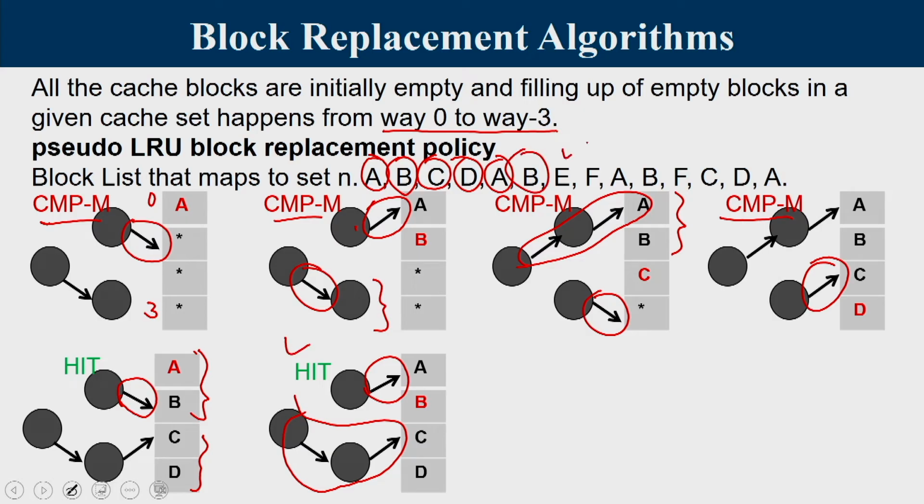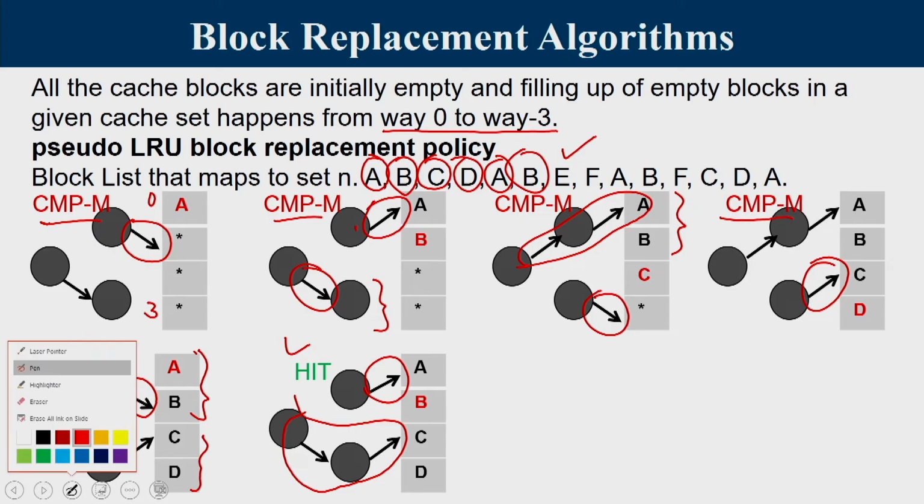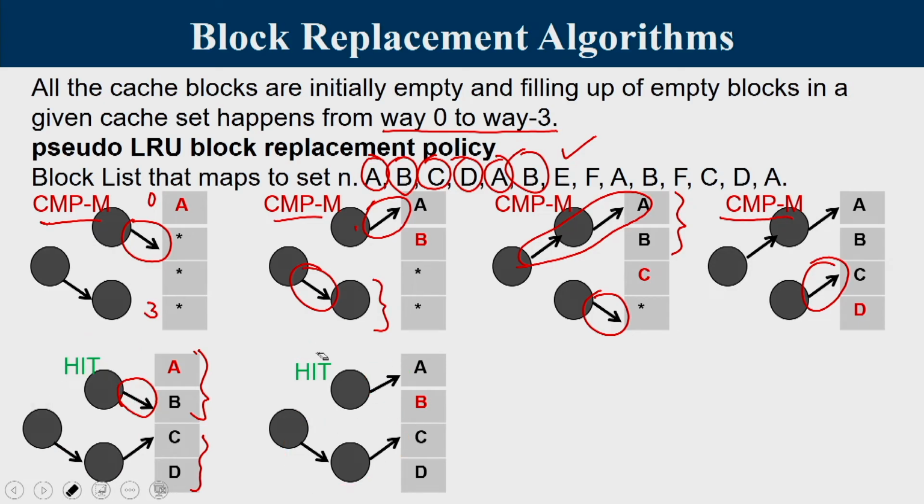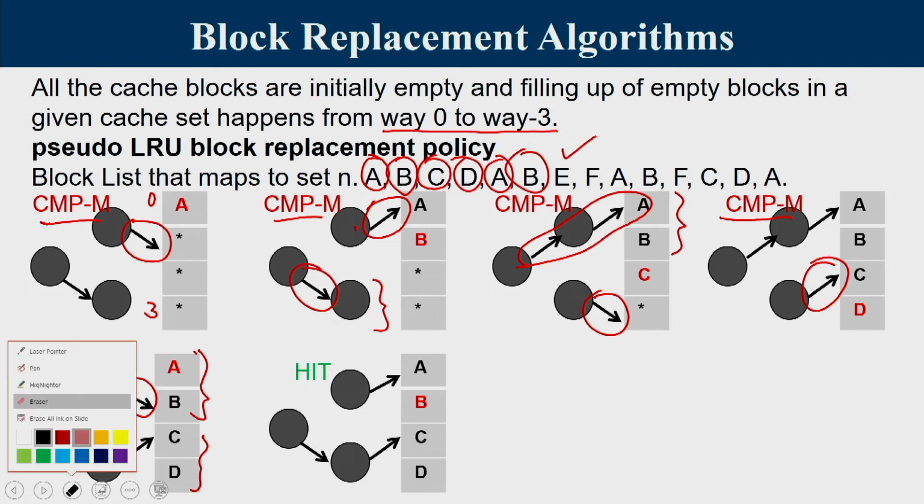Now we have a new element E that is going to come. Here is the first replacement. So far there was no replacement, there were only compulsory misses. Going to E, it is a miss. Now we have to find out which one has to be replaced. So look into the status of the tree. Prior to bringing E, the pseudo LRU tree looks like this.